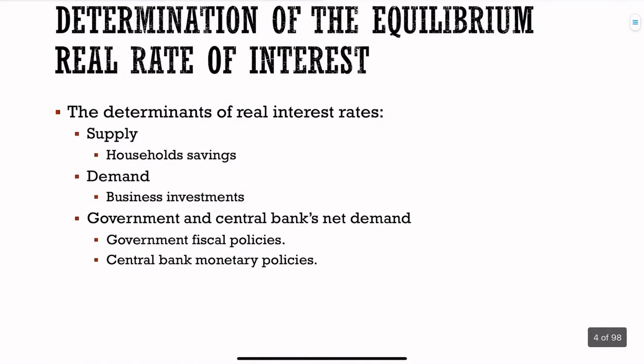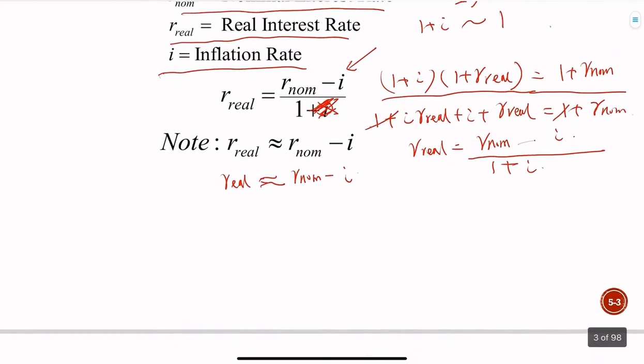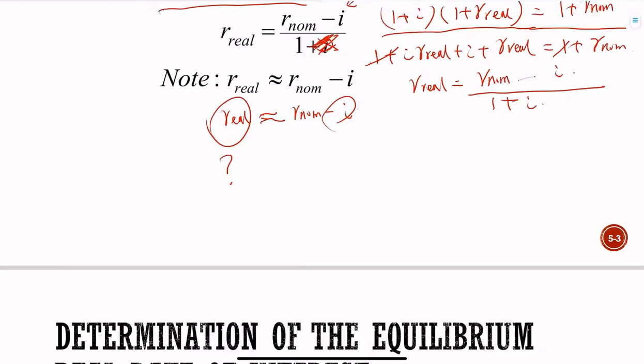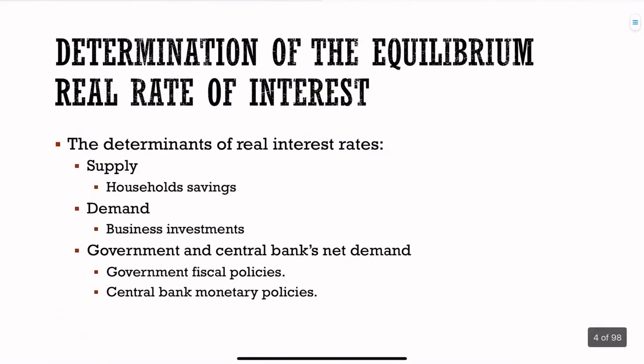Okay, now you can see that basically, right, the real interest rate and inflation rate will determine nominal rate. Now you might want to ask, what determines real interest rate, right? What determines this guy? Well, it is determined in market equilibrium, right?